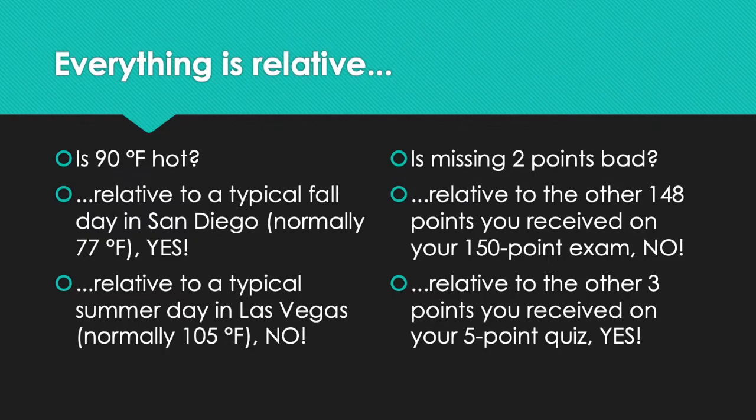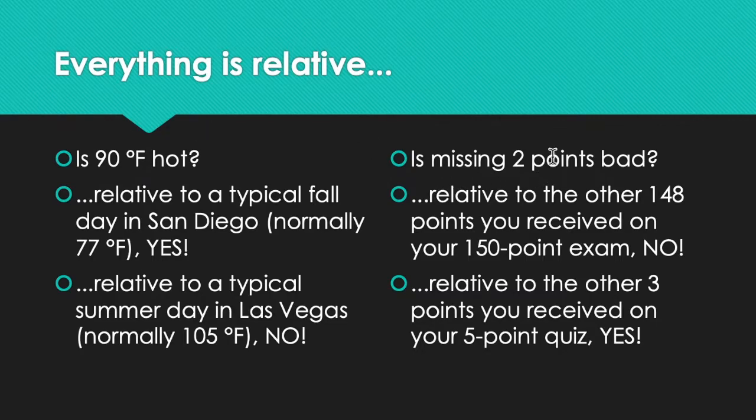So 90 degrees Fahrenheit relative to a typical fall day in San Diego, yes, the 90 degrees would be much hotter than you'd expect. Relative to a summer day in Las Vegas, then no, 90 degrees would be actually fairly cool compared to the typical weather there.